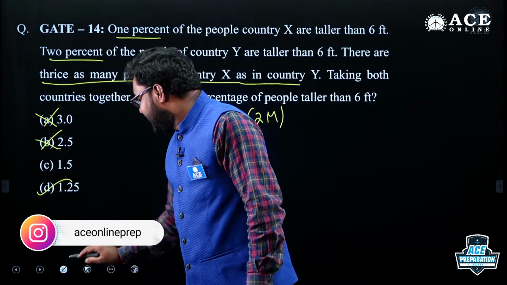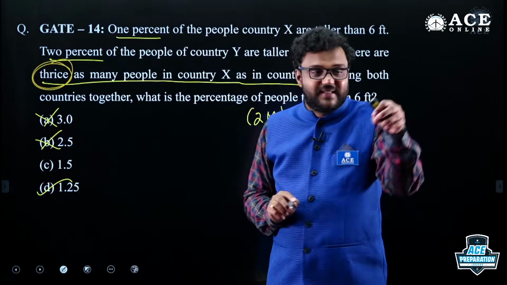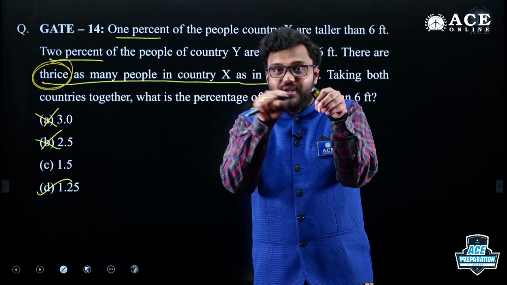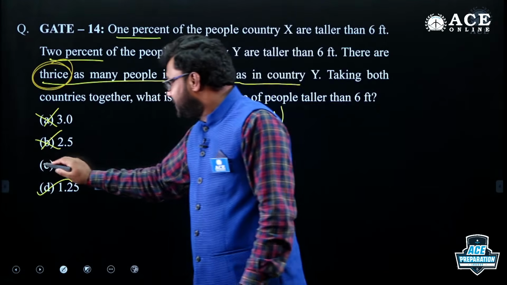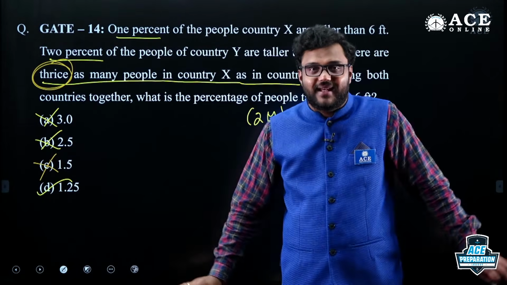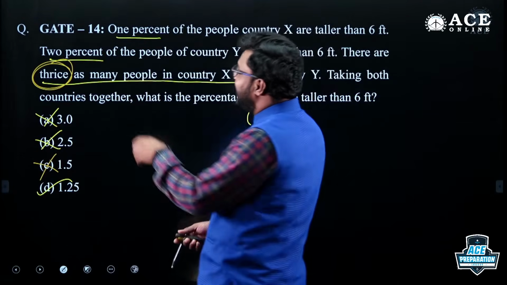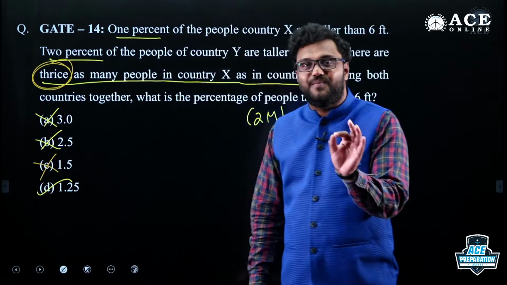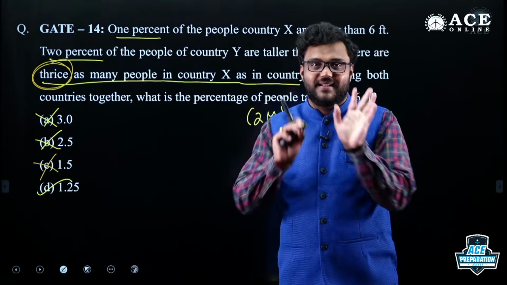This is thrice. If it is equal, then this is 1, this is 2, and 1 plus 2 divided by 2 gives 1.5. It's not equal, so 1.5 is not possible. Directly D, with common sense, without any calculation. It should be 1.25. 1.5 would mean X country population and Y country population must be equal, then this is 1, this is 2, the middle value when you mix.